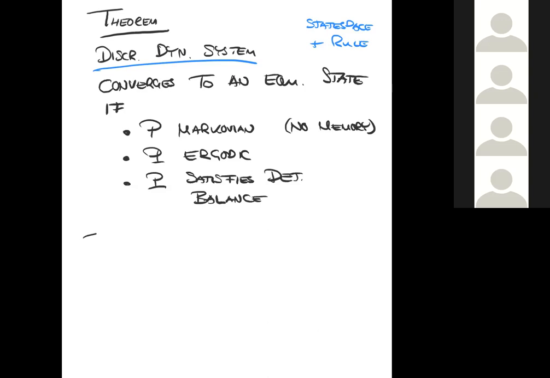Okay. So that's the magic theorem. Any algorithm, and I claim Metropolis is just an example of this, any algorithm that you can find that satisfies these three conditions.